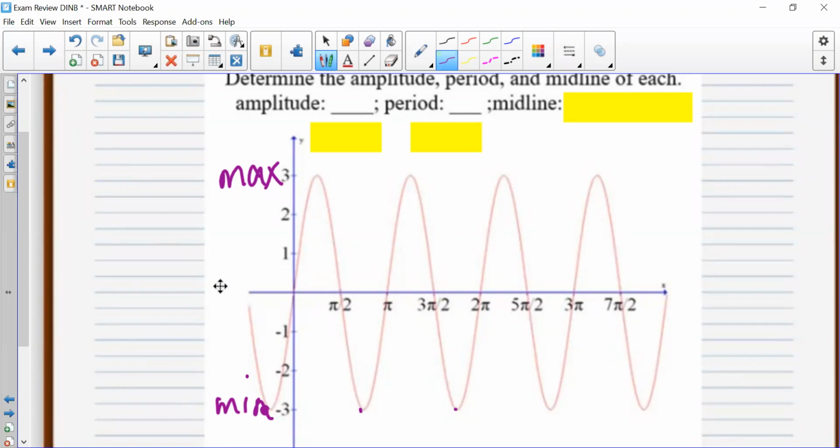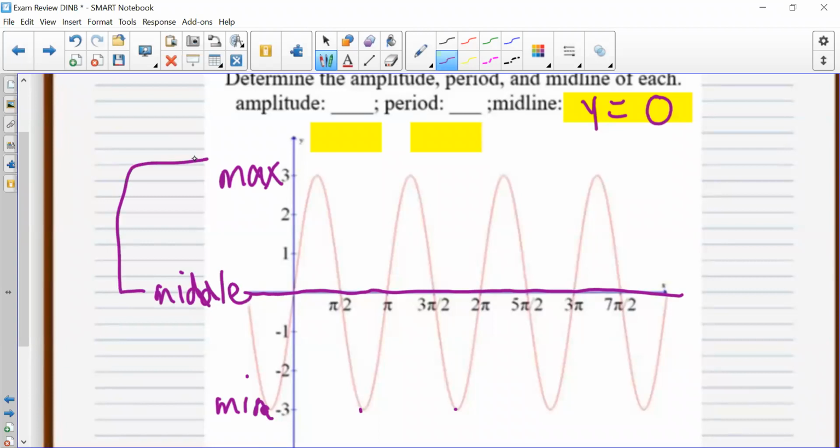Now, it's not just 0, midline is a line. It's actually talking about if you were to draw a horizontal line straight through. So the midline is always y equals, and then the number in the middle, which is 0 for this one. And then we can find the amplitude by saying, well, how far is the middle from the max?